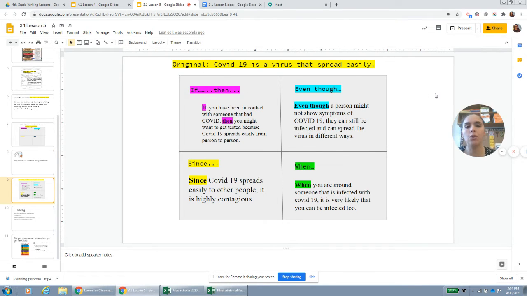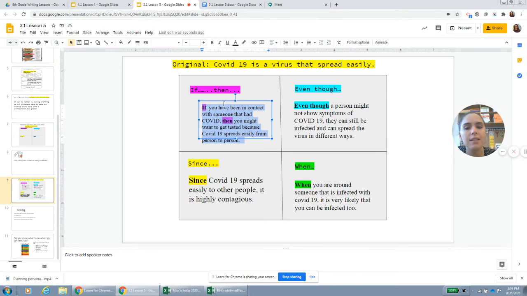So I want to show you what I did to make my sentence sound better. This isn't going to be easy. It took me a little while to really think of these sentences, but I wrote them out for you so as not to waste time. So it says COVID-19 is a virus that spreads easily.